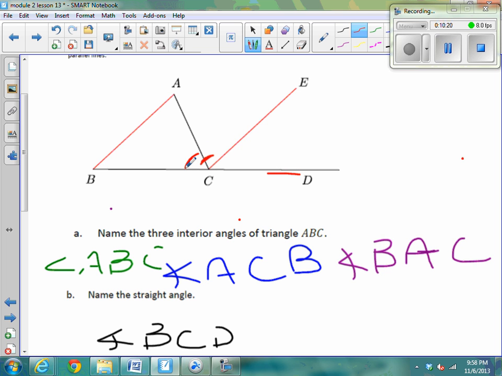Here's the first one. There's ECA. And then angle ECD. Okay? We'll mark them again. Here's the first one, here's the second one, and that's the third one. So together they make up a straight angle, which is 180 degrees. So let's make some substitutions and see what we get.